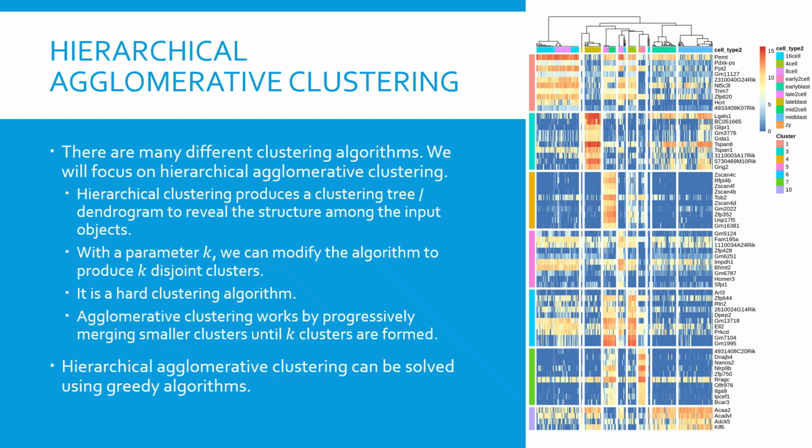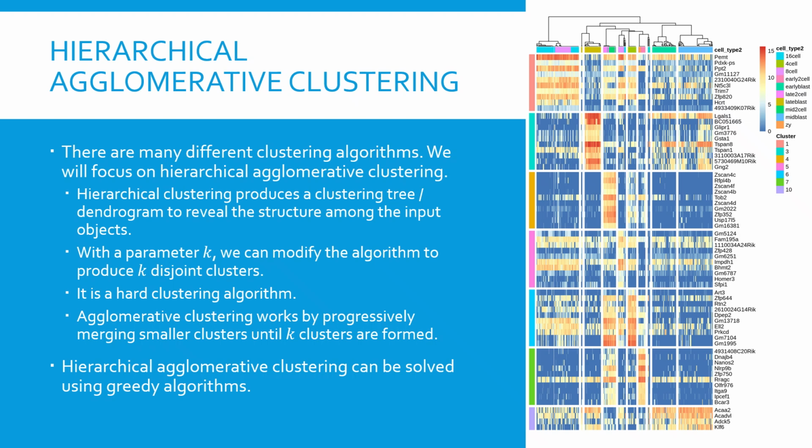There are many clustering algorithms, but in this video, we focus on hierarchical agglomerative clustering. Hierarchical clustering builds a tree, or dendrogram, that shows how all input objects are grouped at different similarity levels. The figure on the right illustrates this idea.